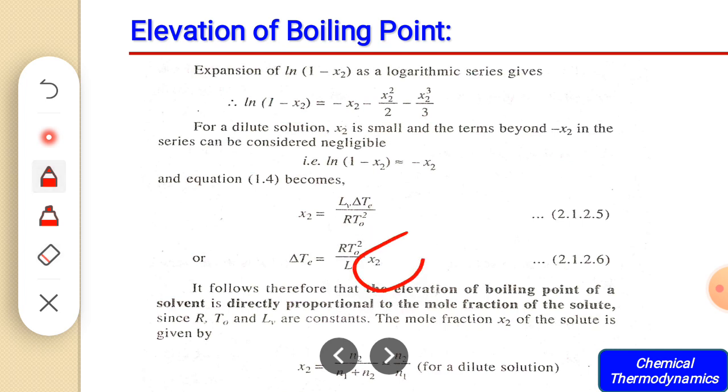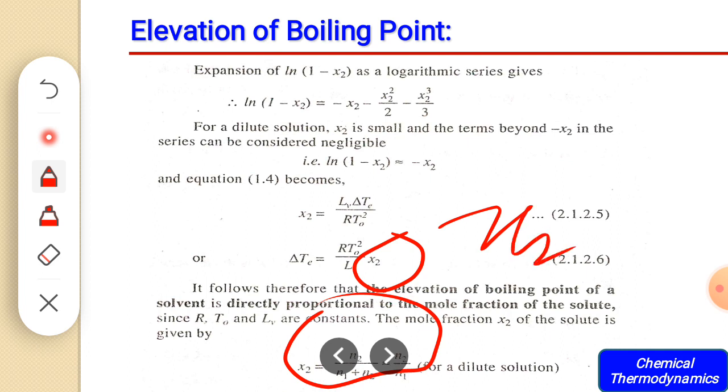But this x2 is the mole fraction of solute, and it can be written in terms of the number of moles of solute and solvent: x2 is equal to n2 upon n1 plus n2. But for a dilute solution, n1 is much greater than n2, therefore n1 plus n2 can be written as only n1.